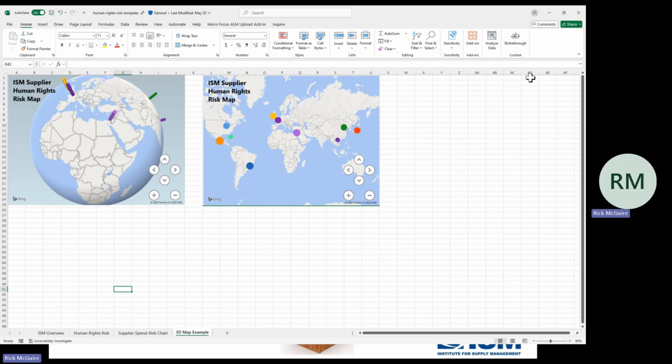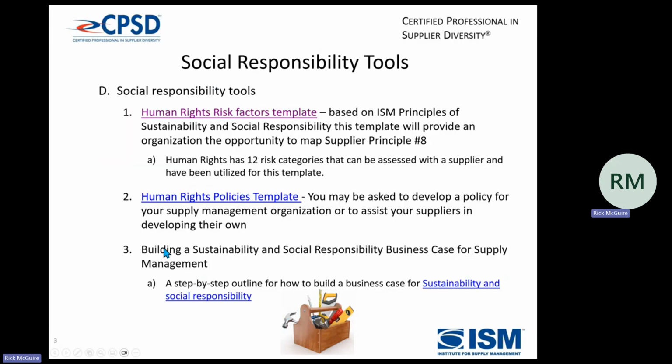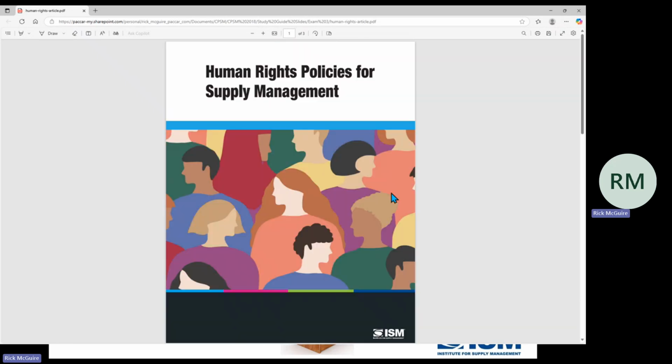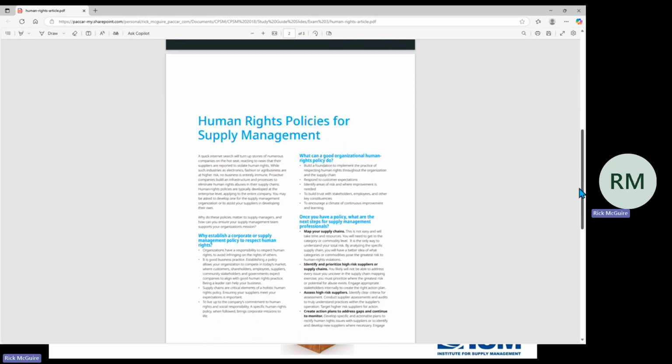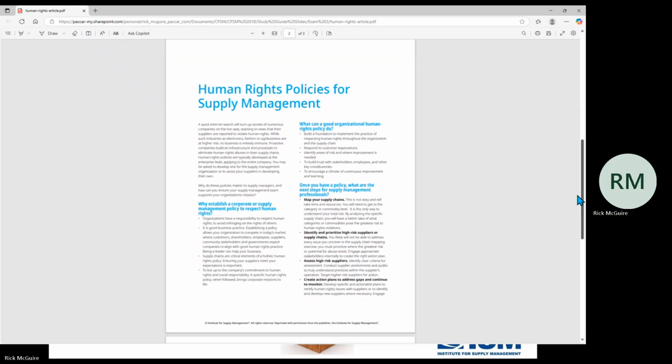Kind of interesting. So you may be asked to develop a policy for your human rights management organization or to assist your supplier in developing their own. So here's a policy template. This is from ISM also. You can get a copy probably for free, especially if you're a member.